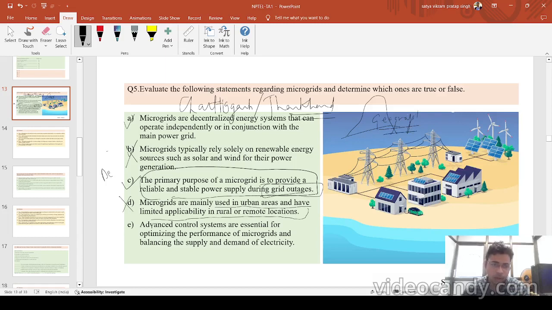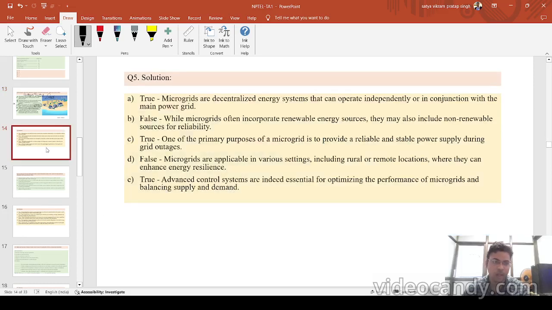And E part, advanced control systems are essential for optimizing the performance of the microgrid and balancing the supply and demand of electricity. That is correct. Why am I saying that? Let's take the example I have shown you.